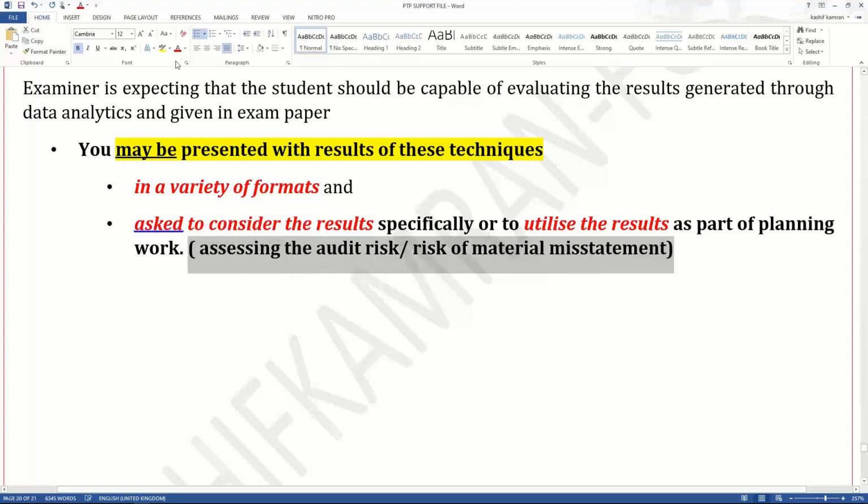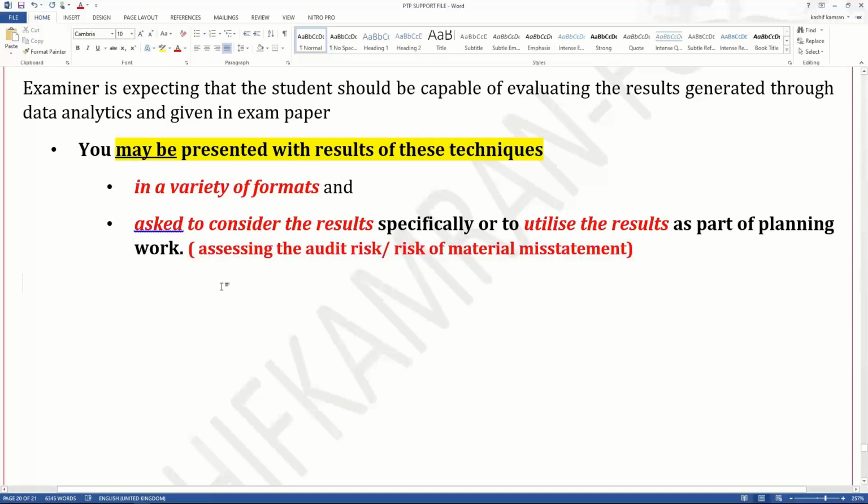In question number 1, where we have to assess the audit risk or the risk of material misstatement, the examiner is saying you may be presented with the results of these techniques in a variety of formats. You may be asked to consider the results, or you may be asked to utilize the results as part of your planning question.